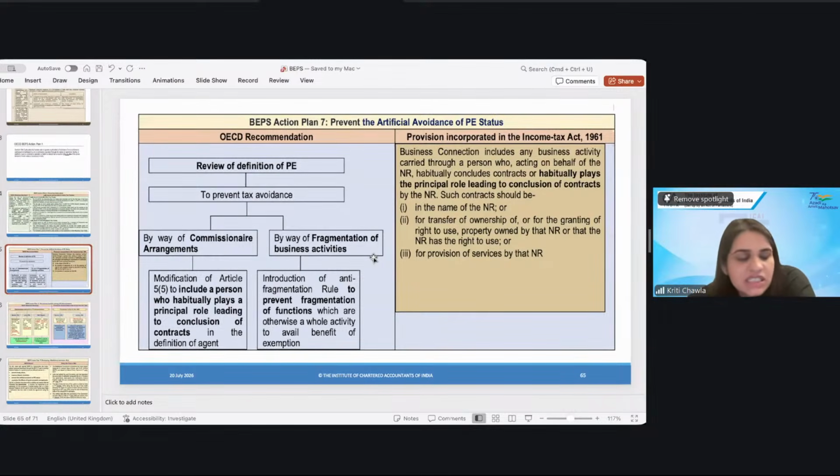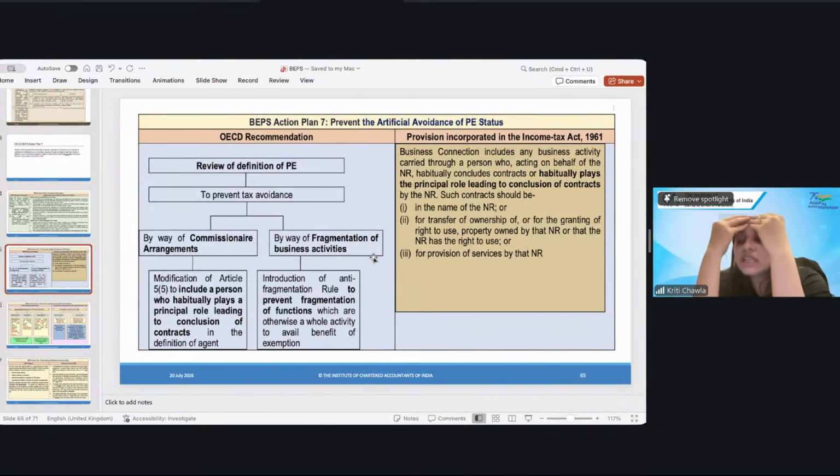Now, what MNCs started to do, just as a casual example, they started to fragment their activities. One small thing they said is preparatory and auxiliary, so excluded. One small thing, this is also preparatory and auxiliary, so this is excluded from PE. But if you look at these activities from a holistic standpoint, then this was the entire business, so this should not be excluded.